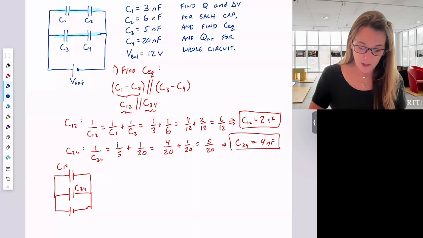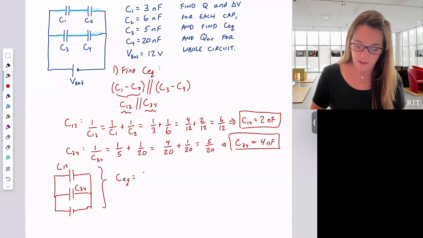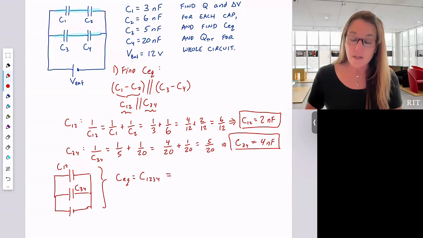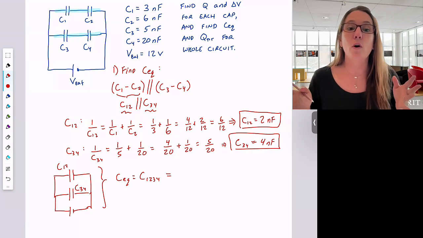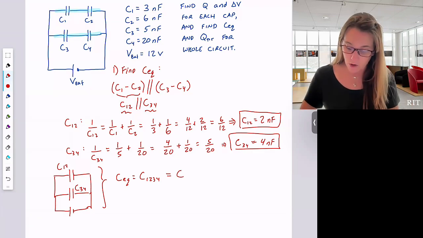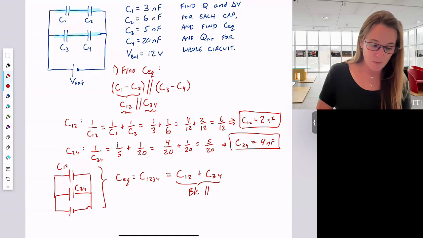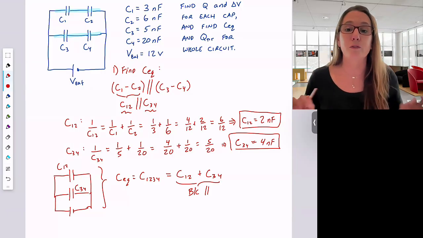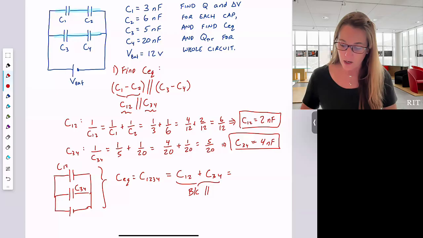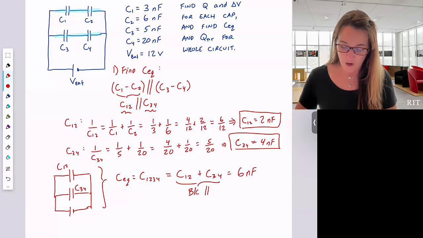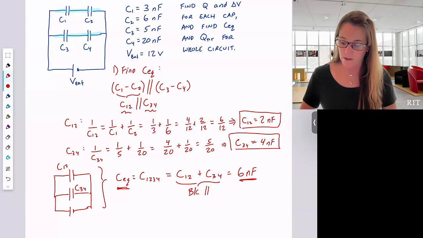So from that combination, I can say that the equivalent capacitance, which is essentially C1234 using all of them, is equal to C12 plus C34 because it's a parallel combination. The previous inverse rule was for series combinations. And so we end up getting my equivalent capacitance CEQ of 6 nanofarads.